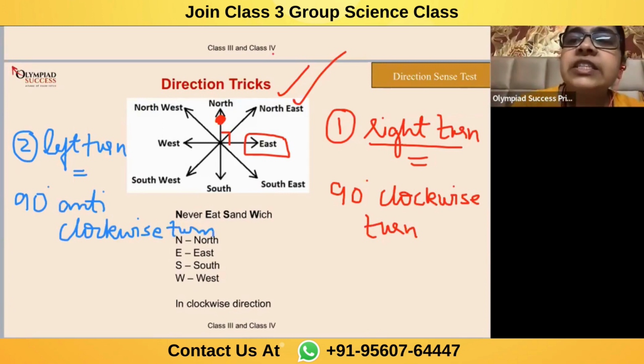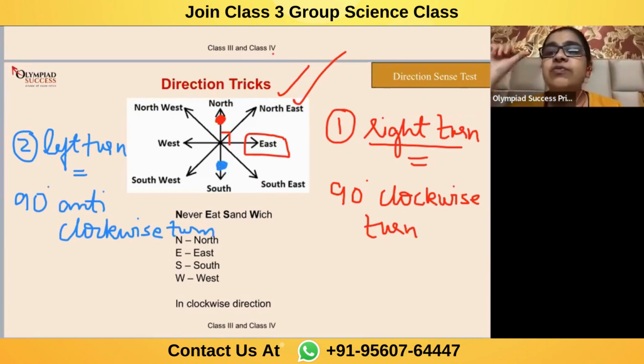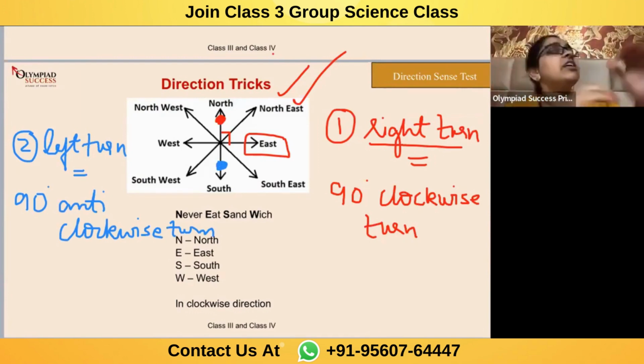My person is standing in the south. My person is facing the south. And that person is taking an anti-clockwise 90-degree turn. That is a left turn. Where will we reach, guys? If I'm facing the back, south, and I'm taking a left turn, where will I go?